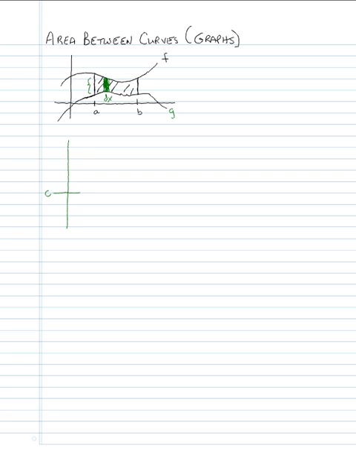Let's suppose this is where 0 is. This is 1, 2, 3, 4. Down here is -1, -2, and -3. Now, suppose this is my line segment.